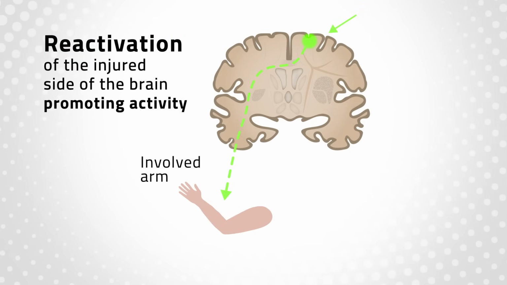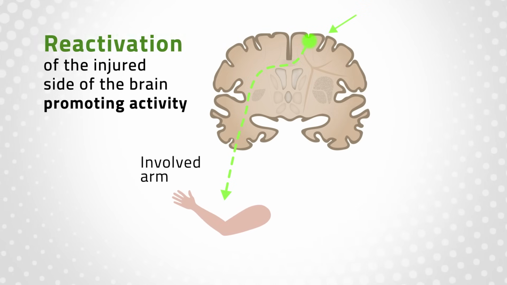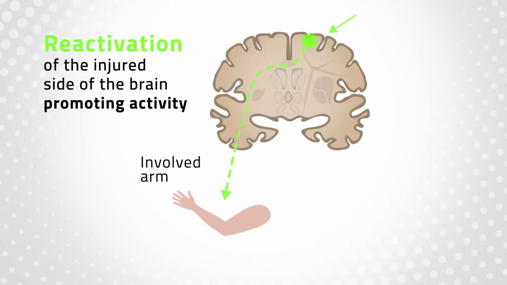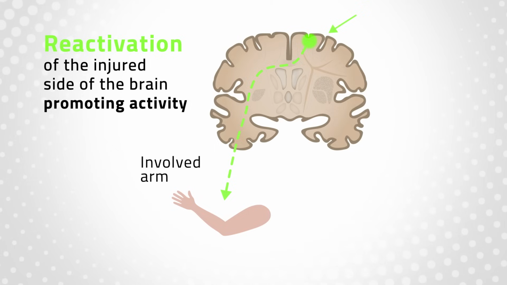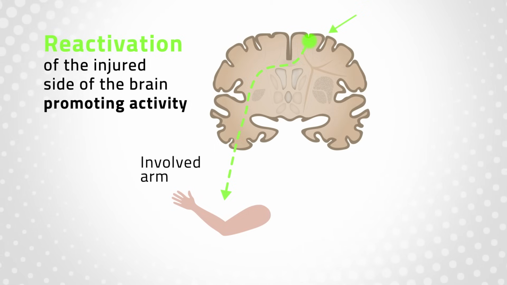Reactivation is doing whatever we can to promote activity on the injured side of the brain. So we present you with some sort of task-specific activity with the involved arm.